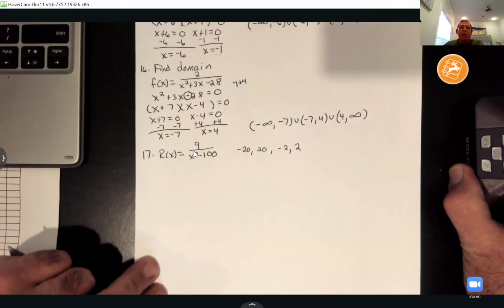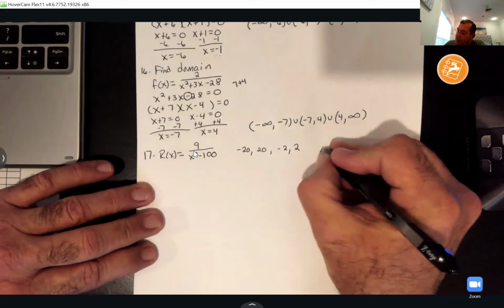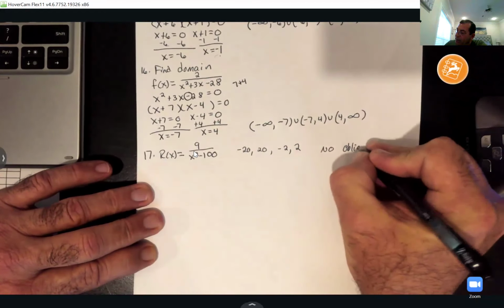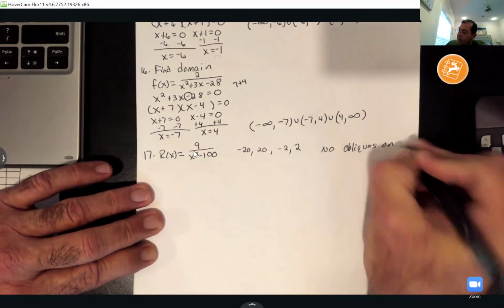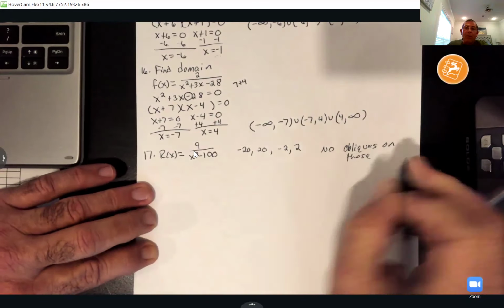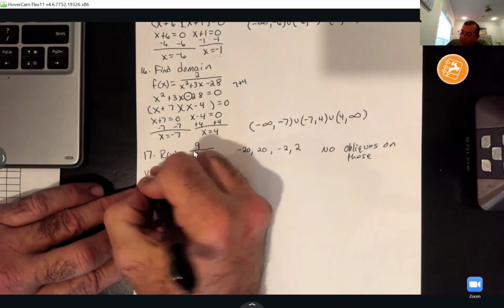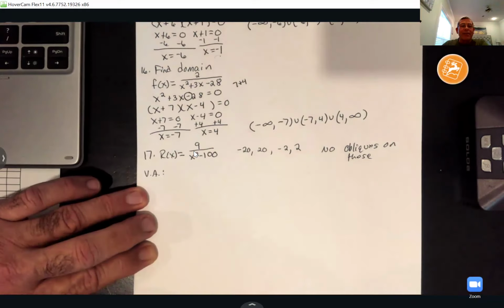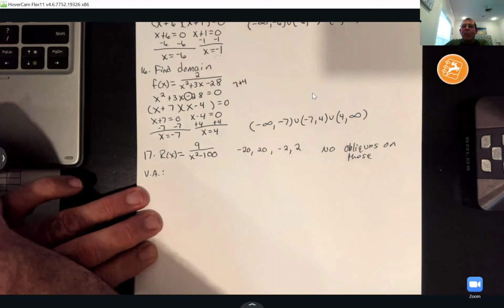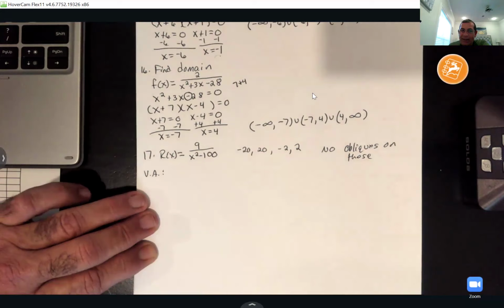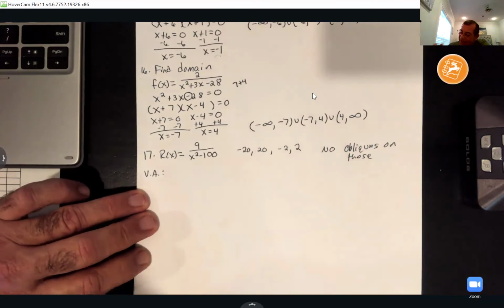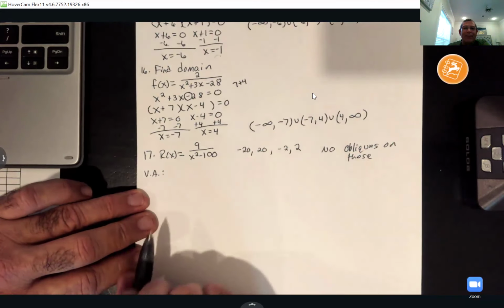All right, y'all. So remember, no obliques on these. No obliques. So that'll always be B for that one. So vertical asymptotes occur where the graph is undefined. So to find where it's undefined, what am I going to do to find my vertical asymptotes?